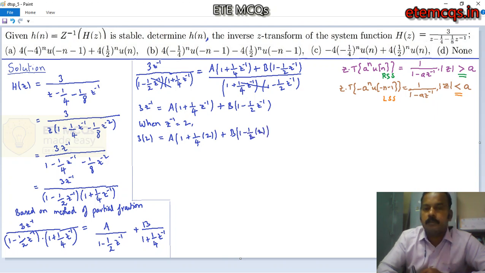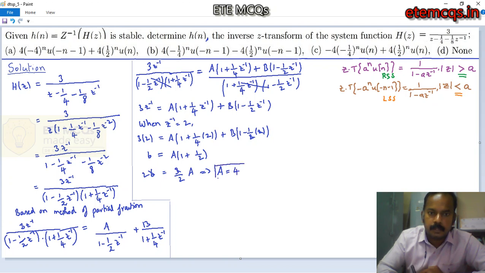So upon cancellation, you have 1 minus 1, 0. This becomes 0. So you will end up with 6. 3 into 2 is equal to 6 is equal to a into 1 plus 1 by 2. 1 plus 1 by 2 is 3 by 2. So you have 6 is equal to 3 by 2 a, which implies, just cancelling 3 and 6, a is equal to 4.